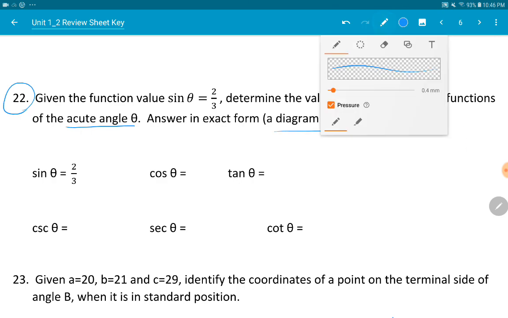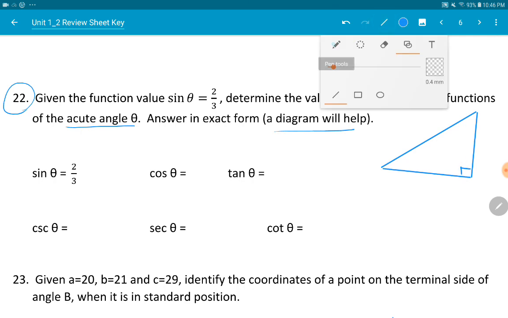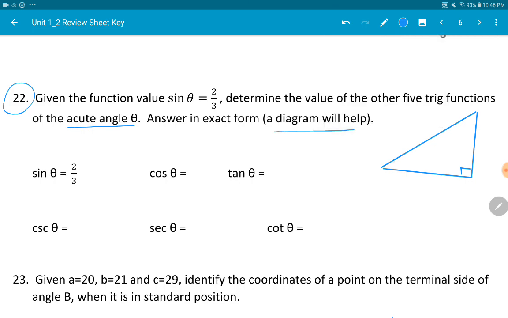So let's make some straight lines actually. So I'm going to just draw a right triangle with an acute angle here. Let's call this one theta. And sine will be opposite over hypotenuse.